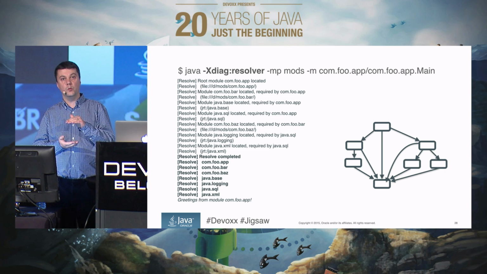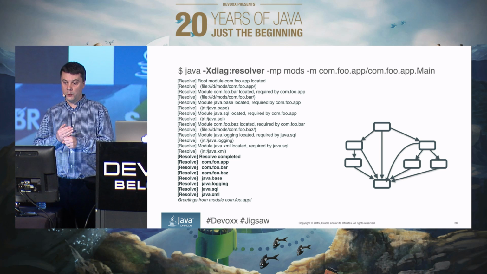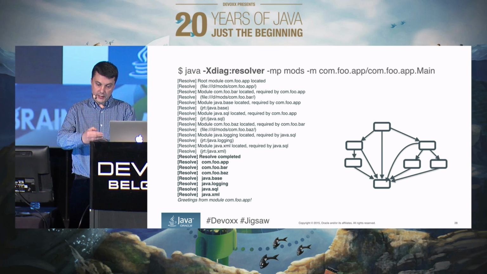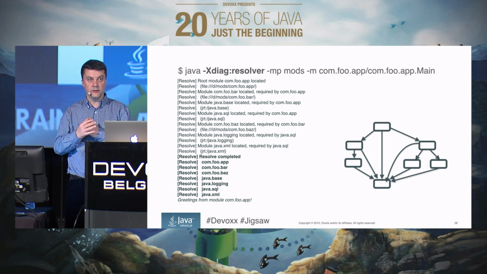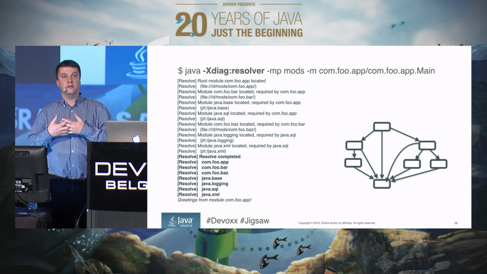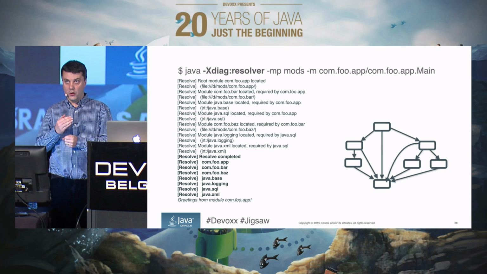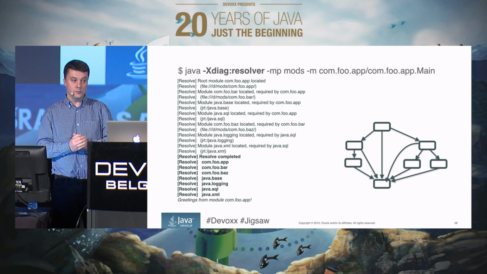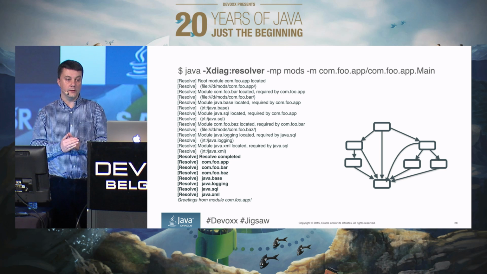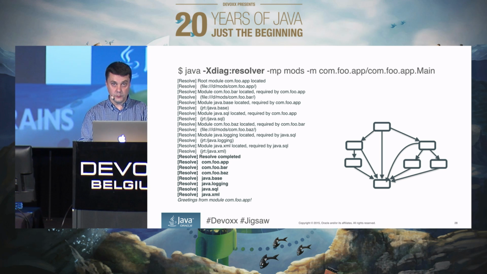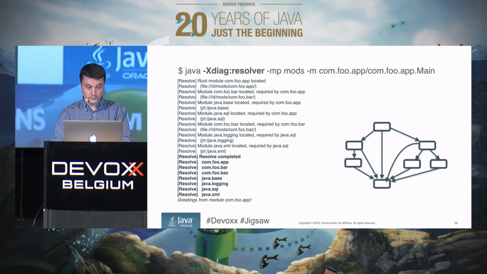I've really cut down the trace output here in order to fit it into the slide. But the important thing is that when you're trying to locate modules and their dependencies and building a readability graph, things can go wrong. You might get exceptions. So it's important to be able to know where the modules are being located. This is an option that helps to debug any problems that might happen during startup when dependencies are being found. So that's compilation, that's running in one simple way.